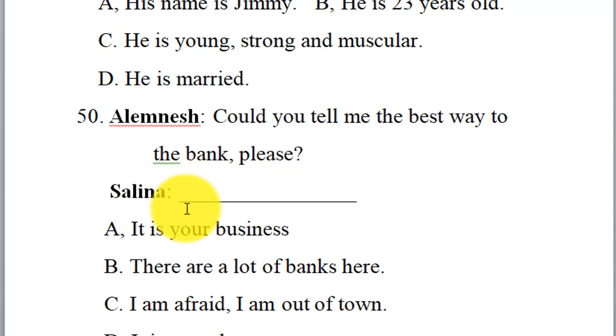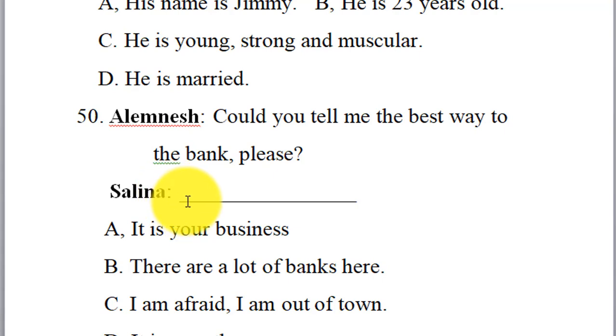Positive form is yes of course, yeah definitely, take this road over something. በጣም ብዙ ዘርዝሬ አልችልም። Negative ከሆነ: I'm sorry I don't know, I'm sorry I can't help you, I'm sorry ask someone over there, I'm sorry I'm out of town, I'm sorry I'm a stranger here myself. All these are negative responses for this question.